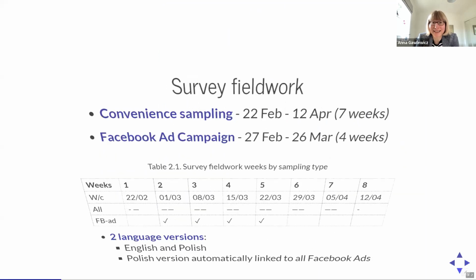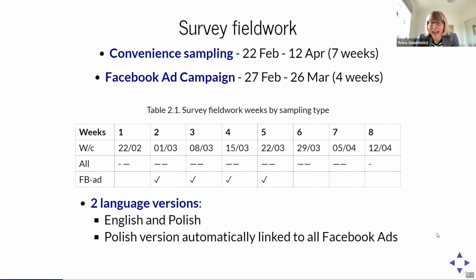So let's look at the survey. We recruited for the survey in 2 stages, and there was no overlap between them because we really wanted to see the effectiveness of the Facebook ad campaigning.